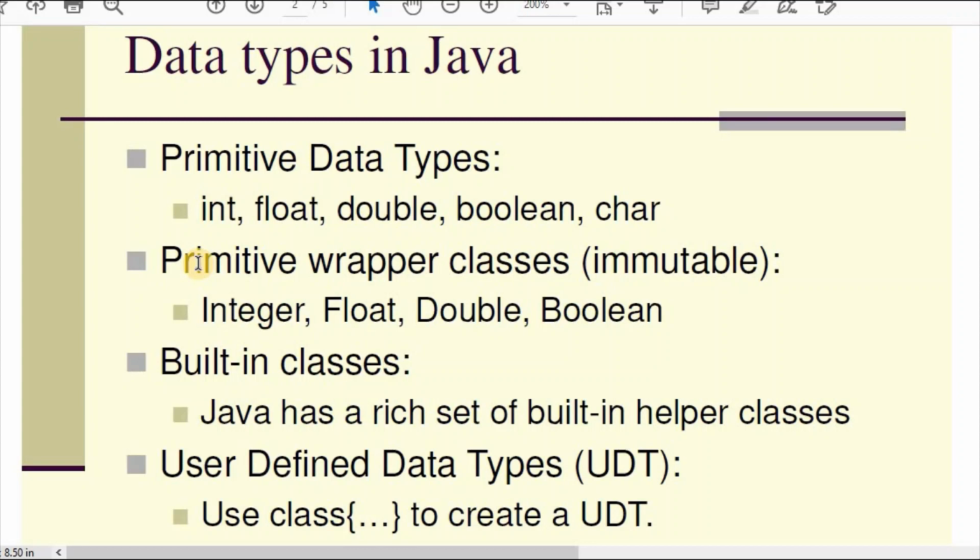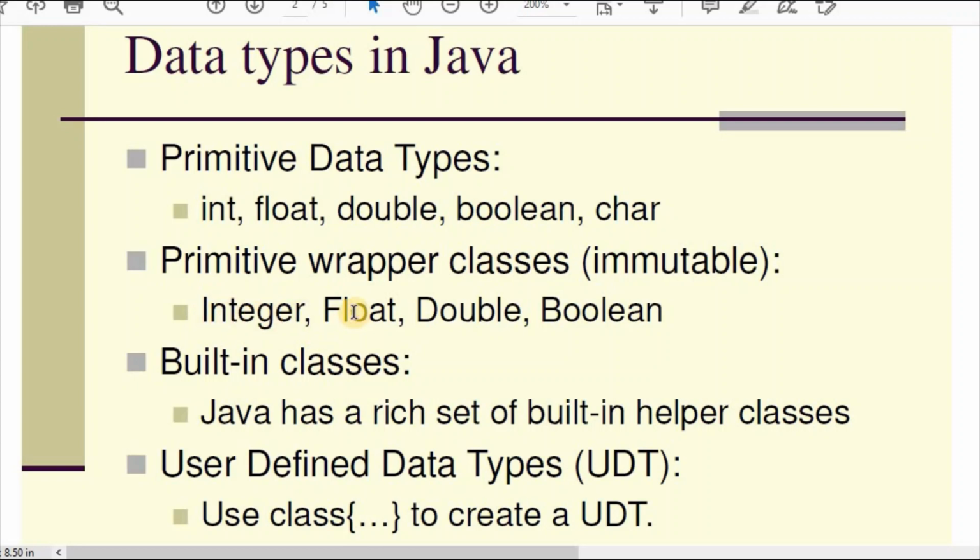You also have in Java primitive wrapper classes, and I will mention where this is used or when we use these. So these are again primitive because they are integers, floats, double, boolean, char, and byte, long, short, just as the primitive data types here. But you will notice that they are all beginning with capital letters, right?